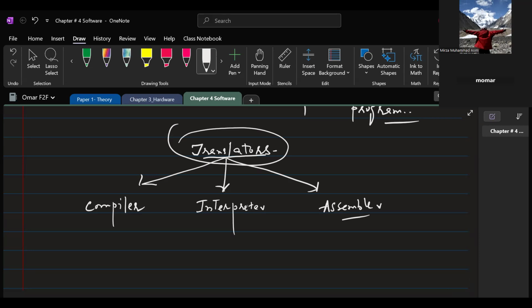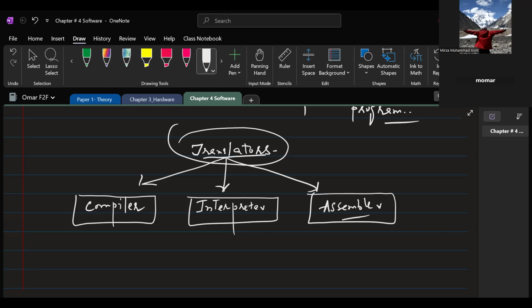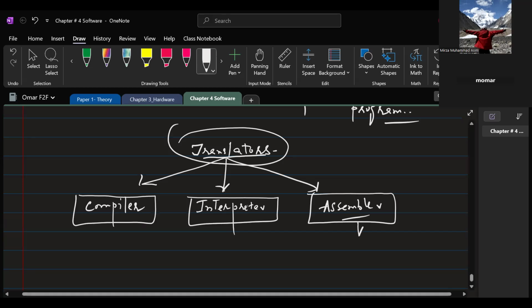So, what are the differences between these translators: compiler, interpreter, assembler? Assembler is only used in assembly language, that's it.